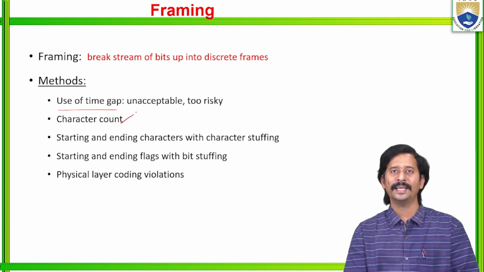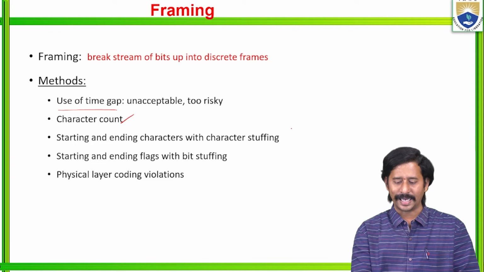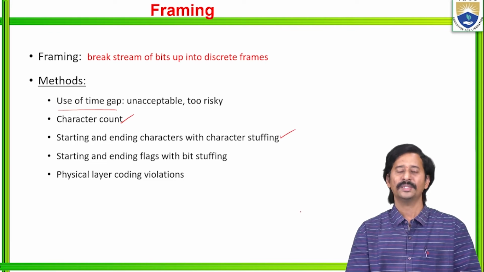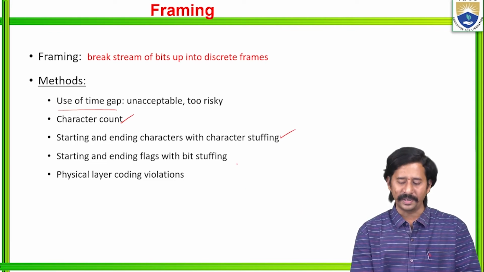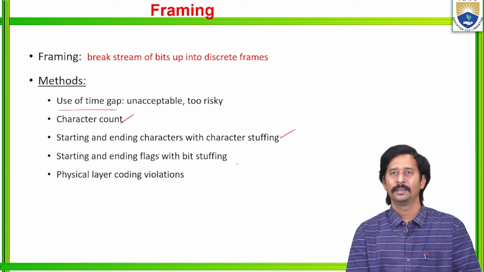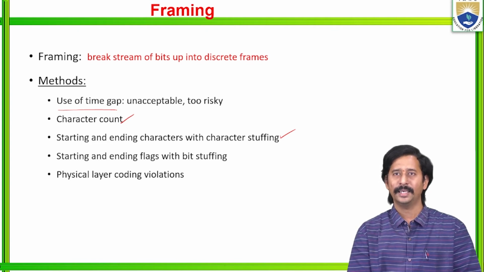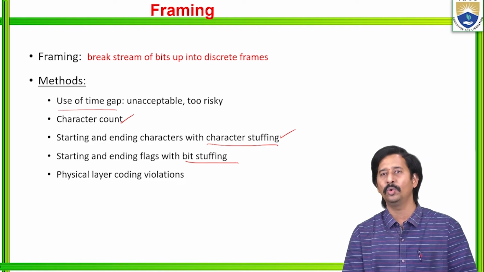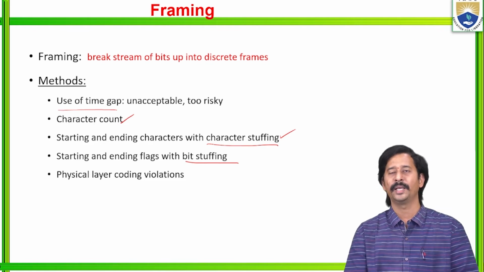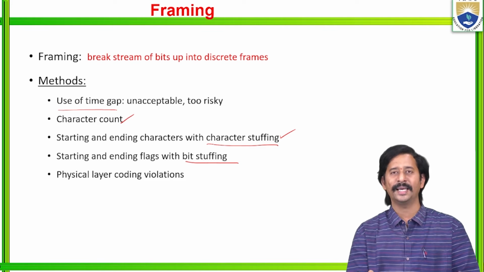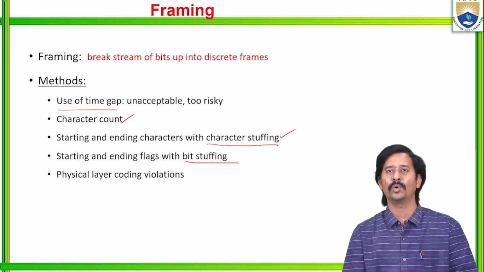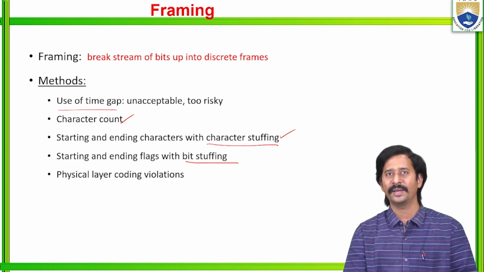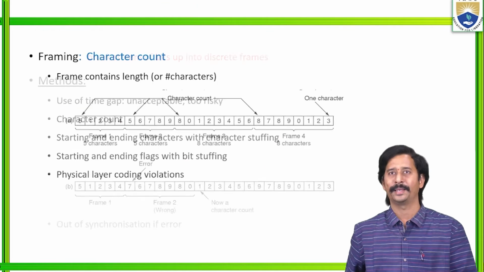The third is starting and ending characters with character stuffing. The fourth is starting and ending flags with bit stuffing. In computer networks, framing is done by either character stuffing or bit stuffing; these are the two mechanisms generally used by any application. Then there are physical layer coding violations. So these are the various methods for framing.